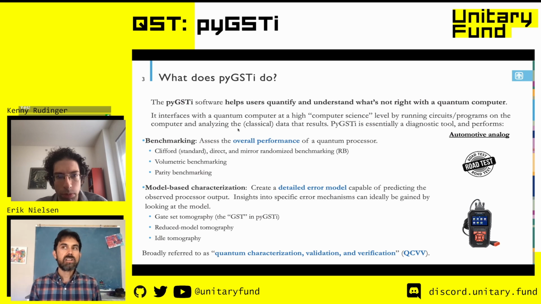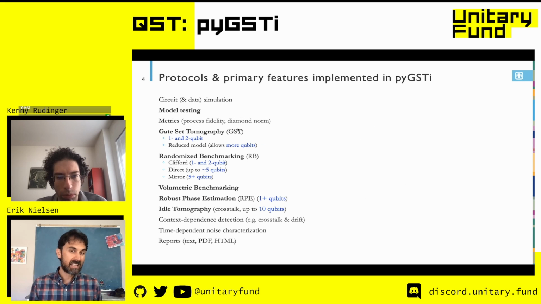As I said, there are a lot of different diagnostics within pyGSTi. I mentioned some on the previous slide, as you may have noted. Here's a more full list of them. These are complementary. These are tools that work on different numbers of qubits, give different types of outputs, and are useful in different ways. I'm not going to go through all of these.